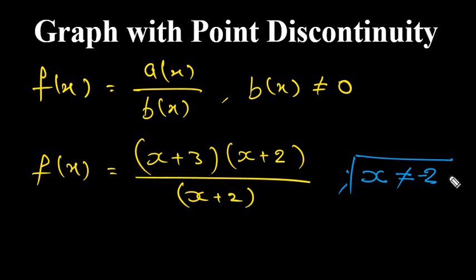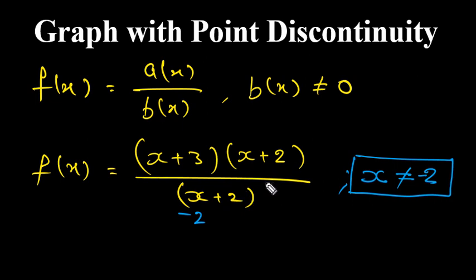The point of discontinuity is at x equals negative 2, because by the definition of vertical asymptote, negative 2 makes this undefined, and if the factor is common in the numerator and denominator both, then there is a point of discontinuity.